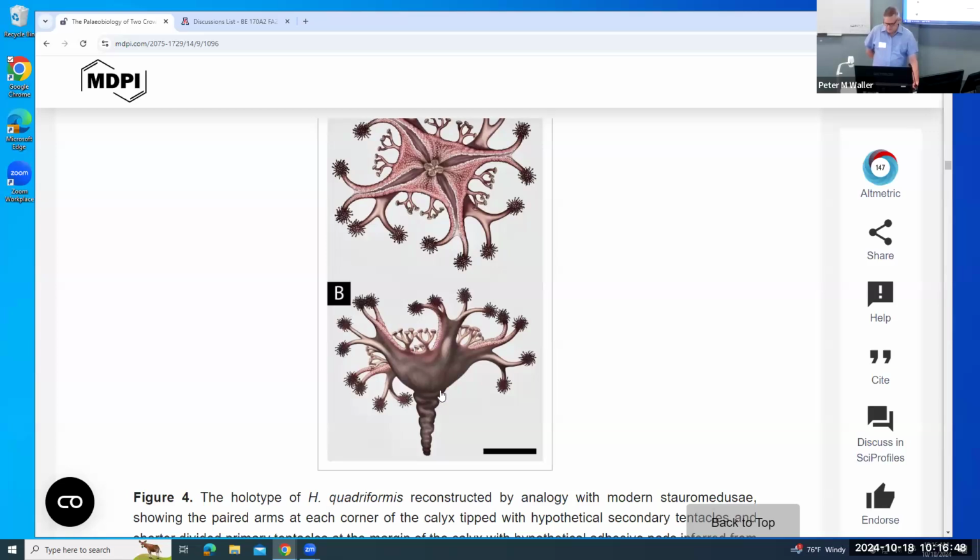So that would be one of the functions of the computer, is visualization, but also interpreting that these things are there, these little things on the ends, which maybe are catching food or something. I don't know if a computer did that or the paleontologist did that.